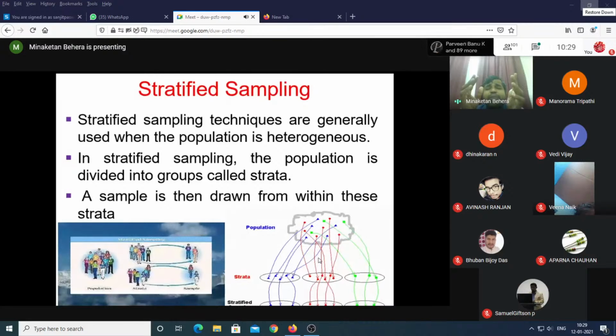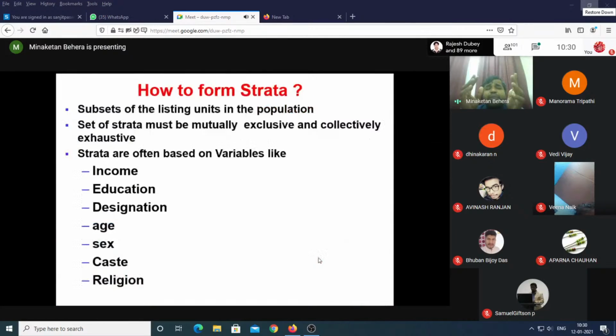So the second step is that you have to make this heterogeneous group into homogeneous groups on the basis of income, education, designation, age, sex, caste, religion.